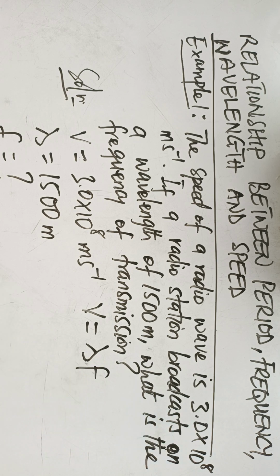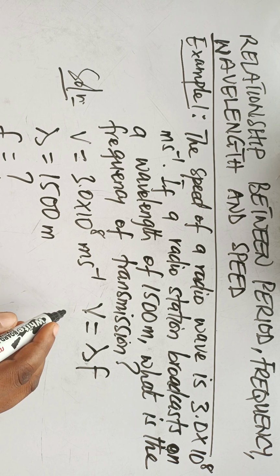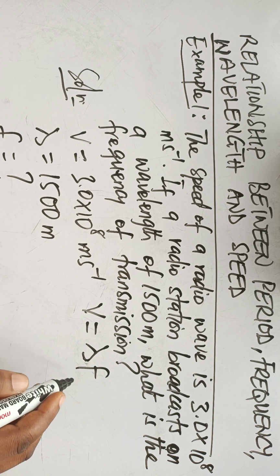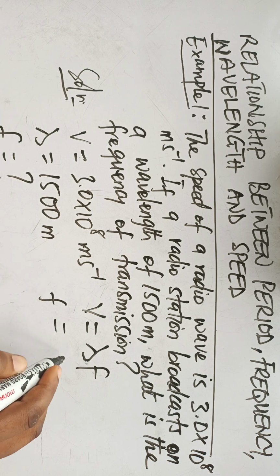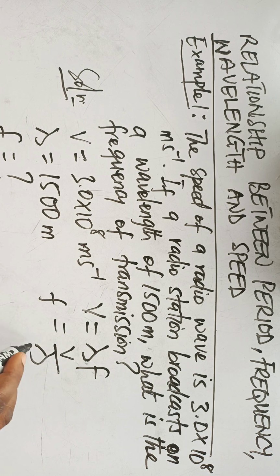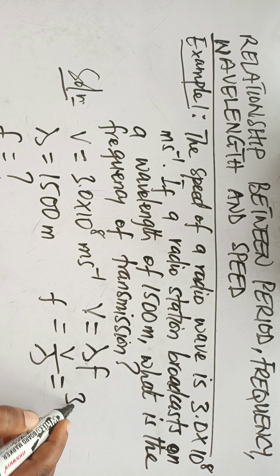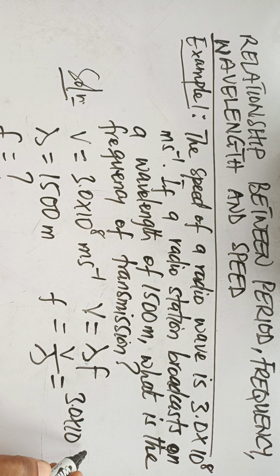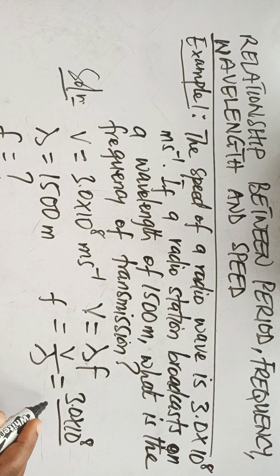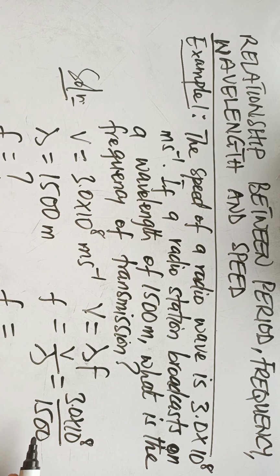Yeah, like that. Since we know this, all we have to do is make the frequency the subject. So the frequency now becomes the speed divided by the wavelength. Doing that, we have 3.0 times 10 exponent 8 divided by 1500. So here our frequency becomes the division of this over that.